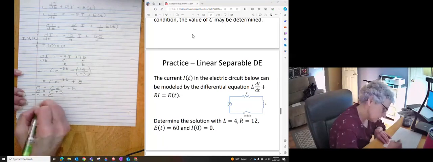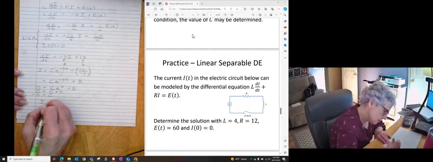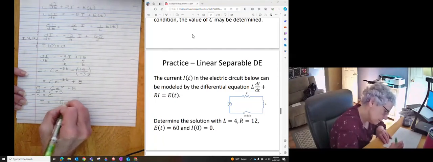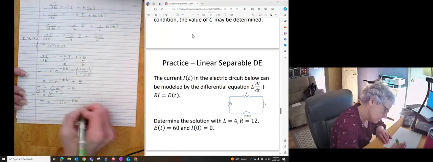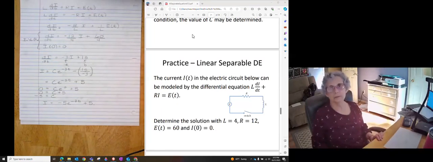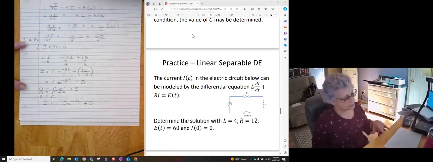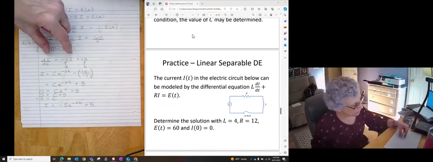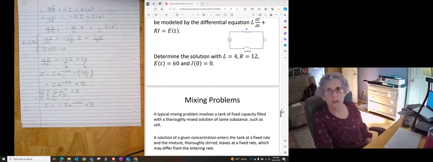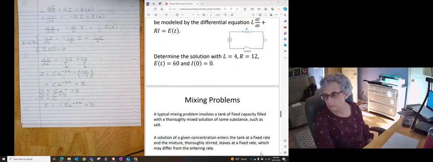Negative 5 is equal to C. So I is equal to negative 5 e to the negative 3t plus 5. Easy enough. So when you can get it into this form, it's really simple to solve it. We'll look at mixing problems next.